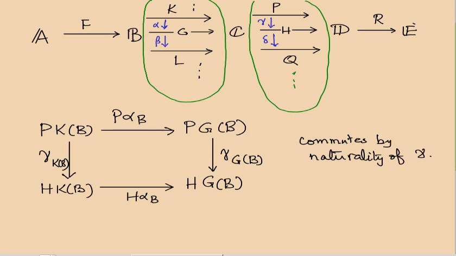So gamma GB composed P alpha B is the same as H alpha B composed gamma KB.